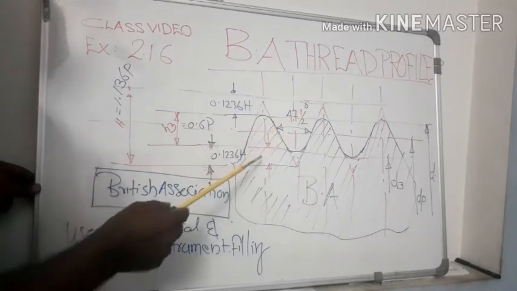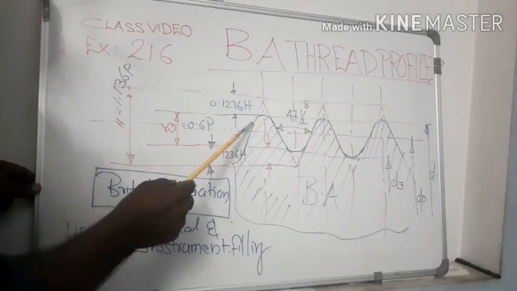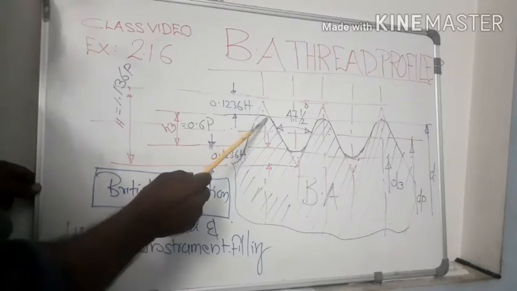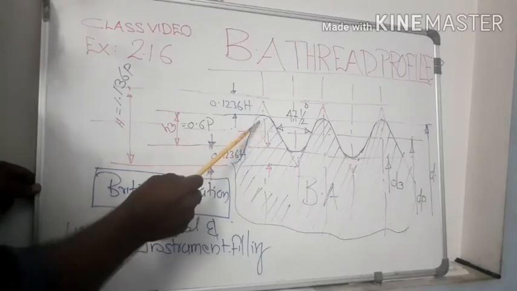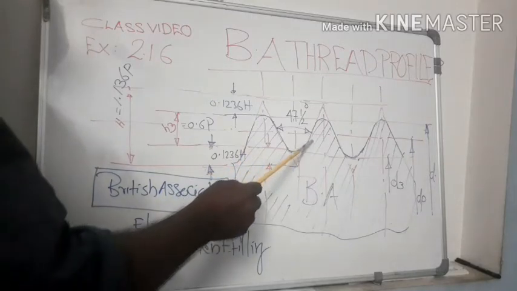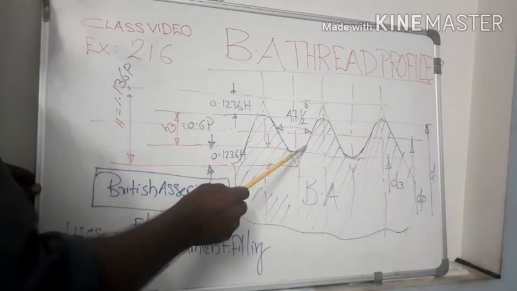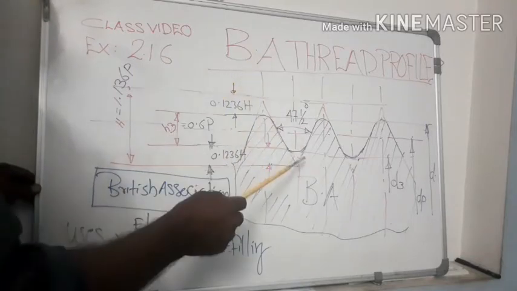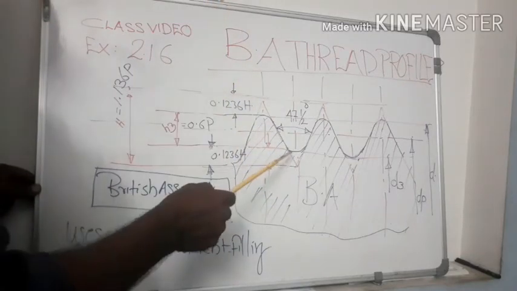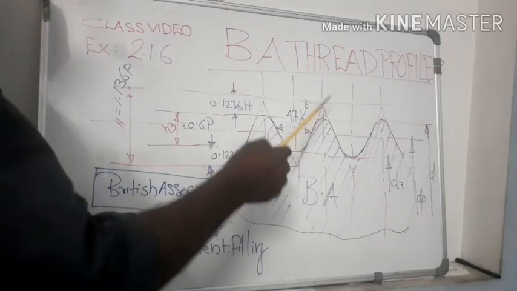But the actual crest and root are rounded in shape, as in the case of BSW threads. That is, the uppermost part, the crest, is rounded in shape. Similarly, the bottom surface is also rounded in shape. In both BSW threads and BA threads, crest and root are rounded in shape.